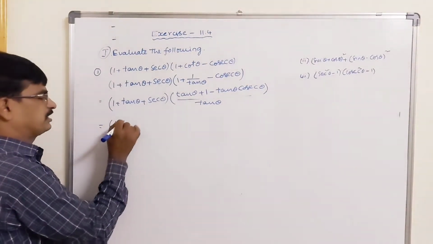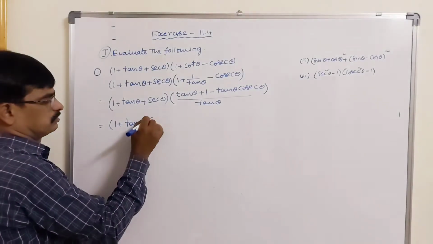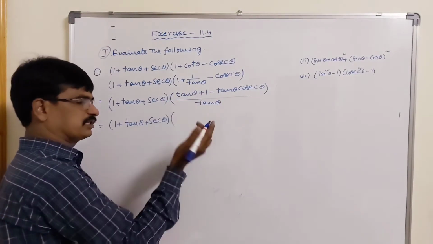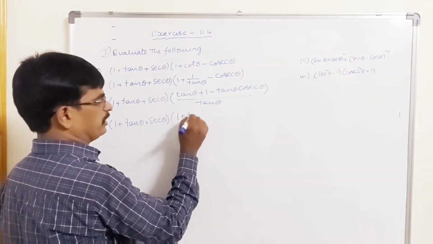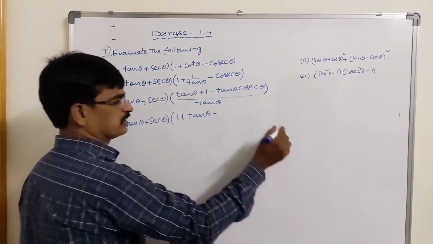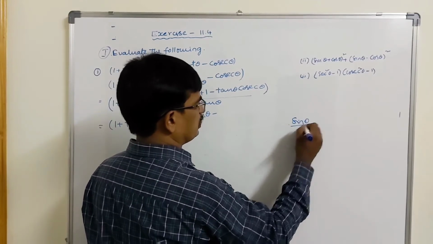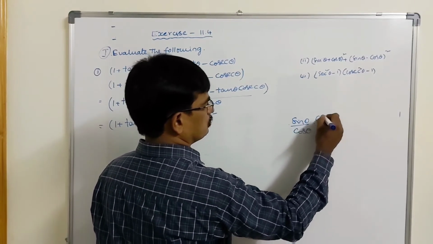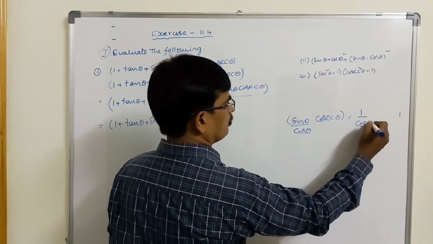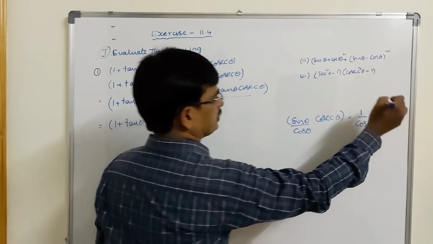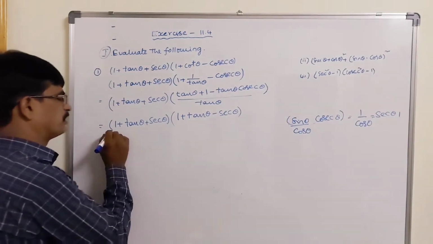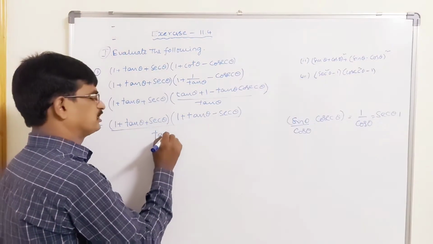Now tan theta plus 1 or 1 plus tan theta are the same, so write in order: 1 plus tan theta minus tan theta into cosecant theta. Tan theta means sin theta by cos theta into cosecant theta. These two are reciprocal to each other, so we get 1 by cos theta, which is secant theta. That is, 1 plus tan theta minus secant theta by tan theta.